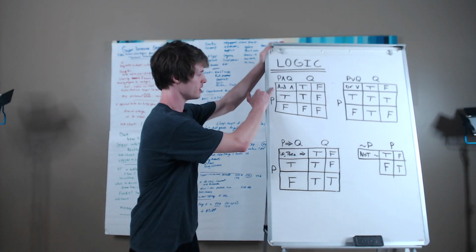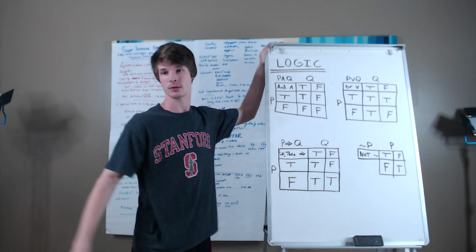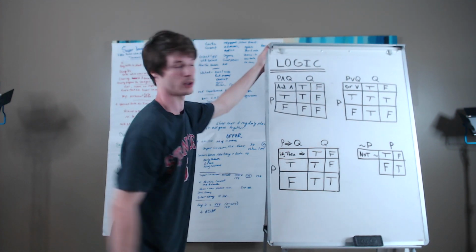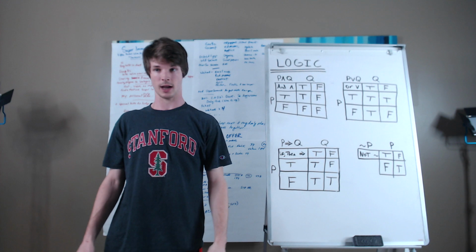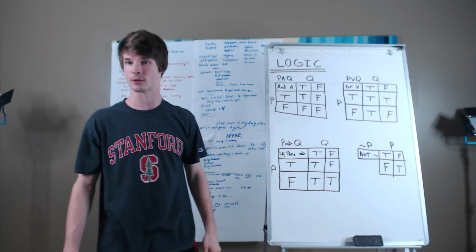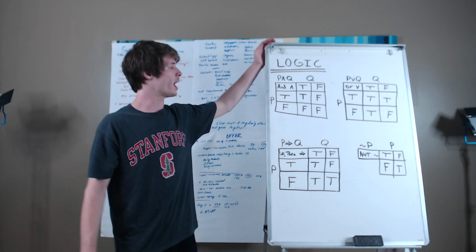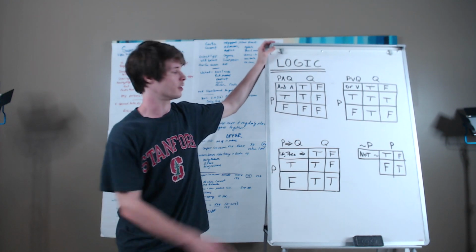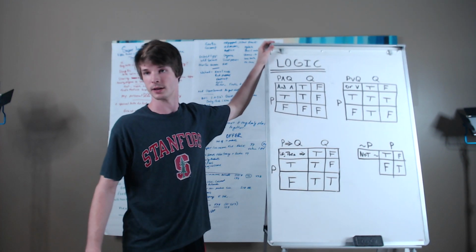I have the word that we use for the statement to the left, and then the symbol that we generally use when writing things symbolically, because as mathematicians we're lazy and we don't like to write lots of things. And then on either side of the table I have the name of the input that the column corresponds to.